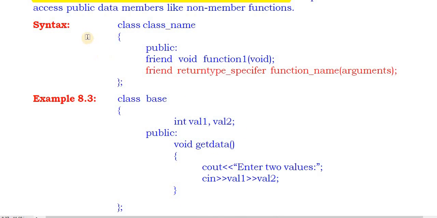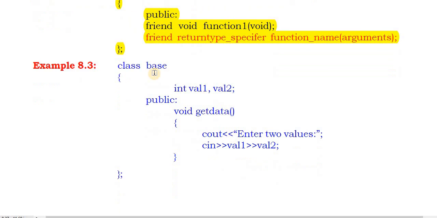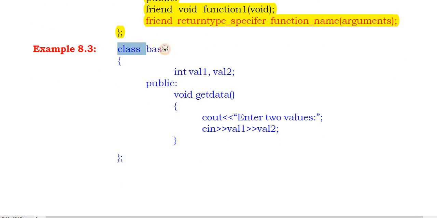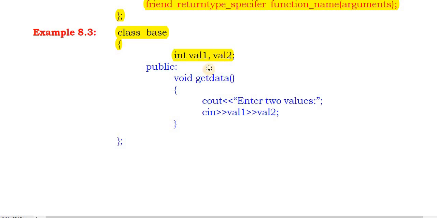So this is the general syntax for creating a friend function. A friend function is always declared inside a class. This is a class, this is the body of the class, and here is the friend function. Here the example is class base, the class body starts, these are data members, and these are member functions.